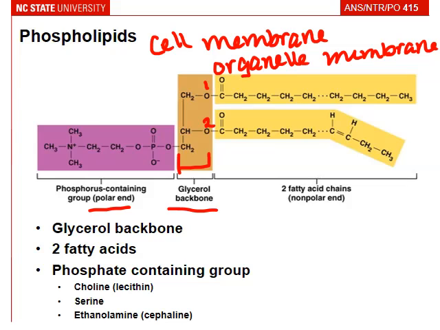And these most commonly are choline. So if choline is conjugated, so if this is phosphatidylcholine, that's also referred to as lecithin. If we have serine on there, it's phosphatidylserine. And then if we have ethanolamine, it's phosphatidylethanolamine.